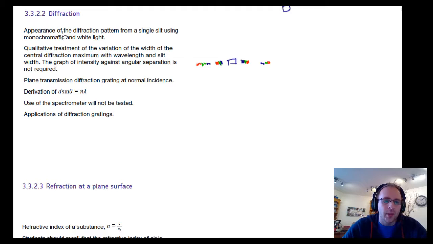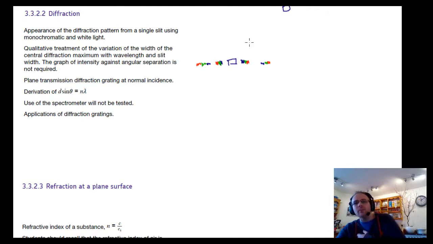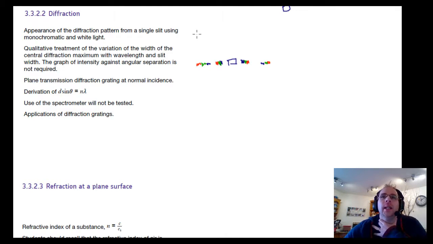So the appearance of a diffraction pattern from a single slit using monochromatic and white light. So diffraction grating, if you imagine taking our double slit and adding loads and loads of slits, the same slits.